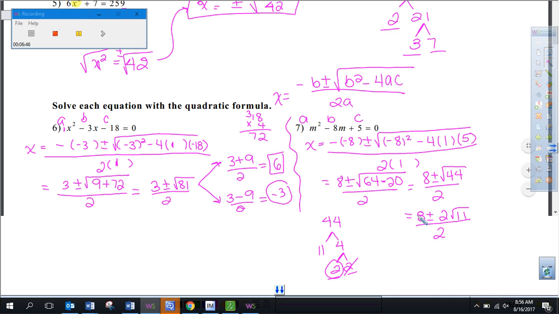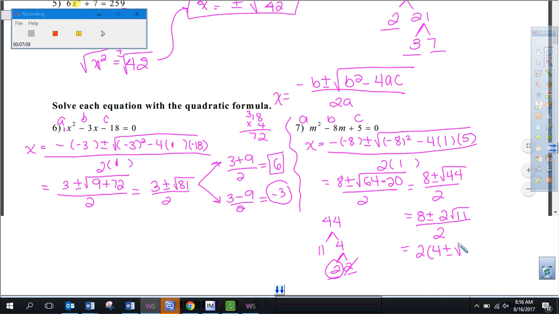I want you to notice all of these have a common factor. Their common factor is 2. So on the top, I'm going to factor out a 2. When I factor that out, 2 times 4 is 8. When I factor out a 2 from 8, I'm left with 4. The 2 is factored out. I'm bringing it out front.